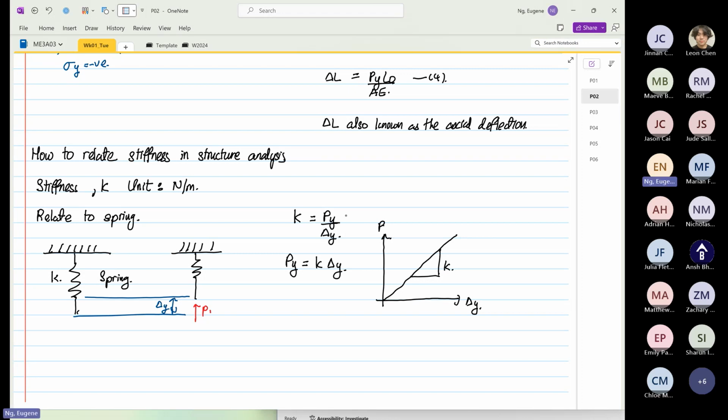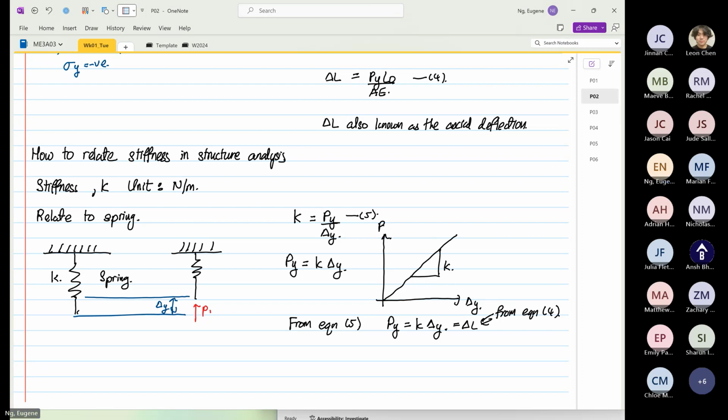So now looking at this equation, this is our equation number 5. From equation 5, we know that Py is equal to K delta Y. And we know that delta Y over here is also the same as delta L, from equation number 4.